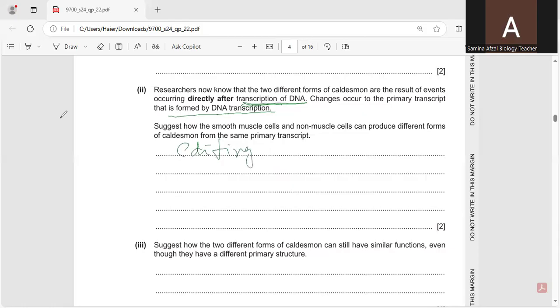Now I'm going to write the word I have told you. Editing in RNA.